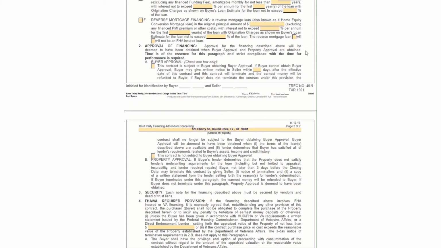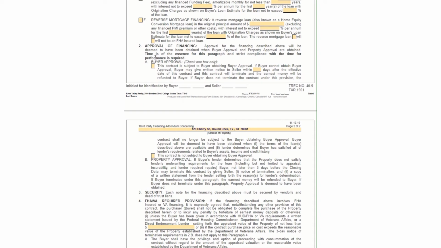There are 2 aspects of financing approval. There's buyer approval and property approval. They are not the same thing. Buyer approval has to do with the buyer's ability to pay. And the property approval has to do with the insurability and value of the property.